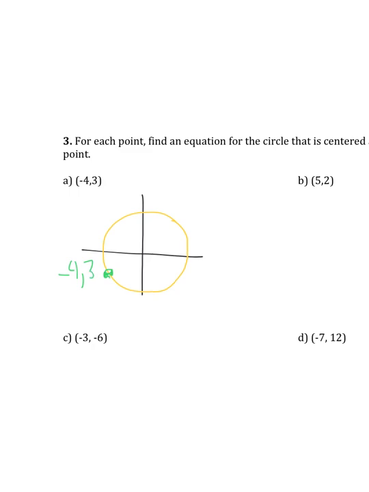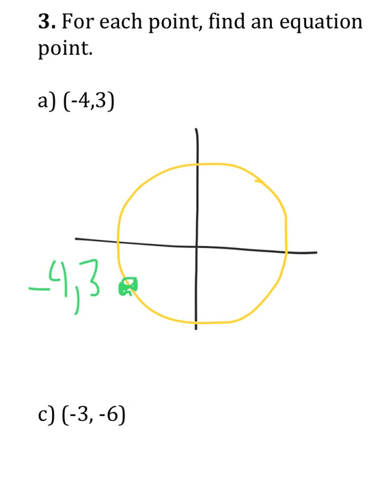So then the idea would be, if it's going through this point, I can make myself a right triangle, like that. If it's going over -4, that means it's a distance of 4. It's going down 3, that's a distance of 3.